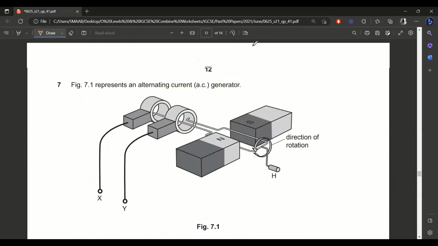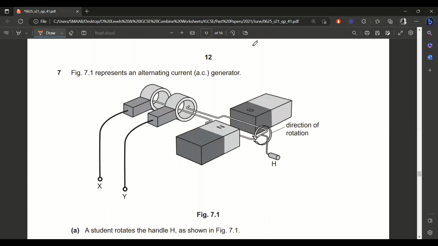Actually, they are talking about the same orientation. This is the parallel position. So parallel position means the coil is in the same line with the magnetic poles. So at this specific position, where will be the point P we need to mark on the graph?